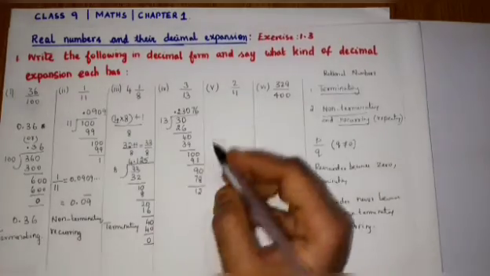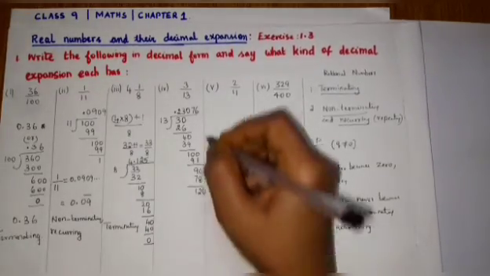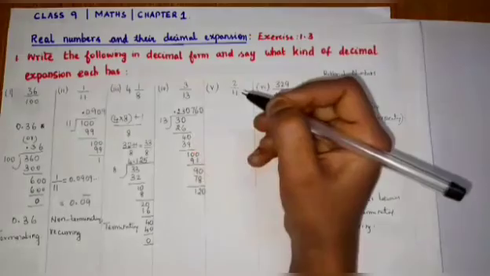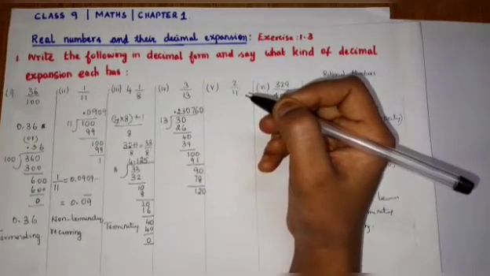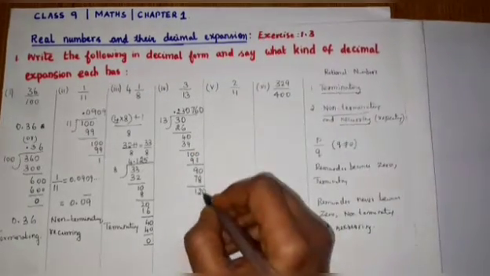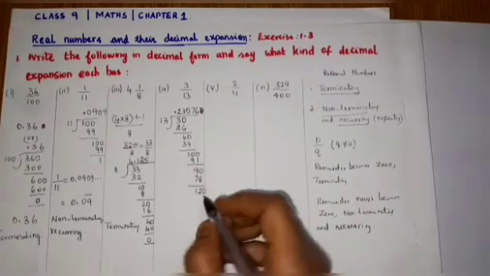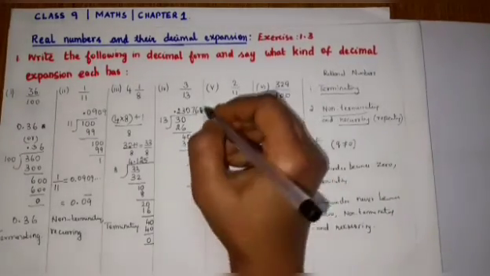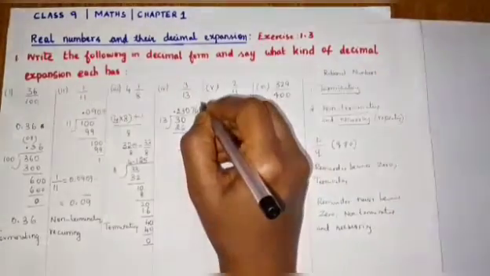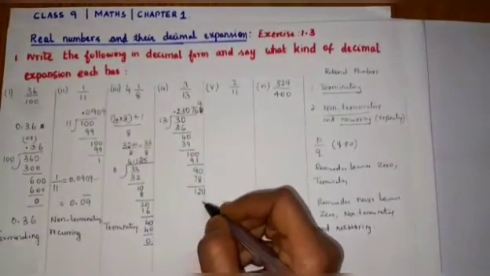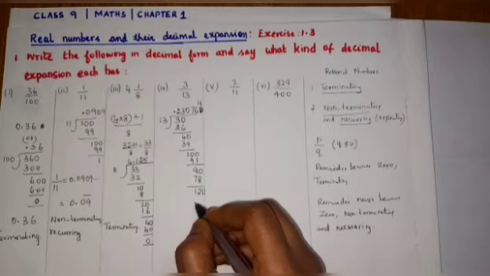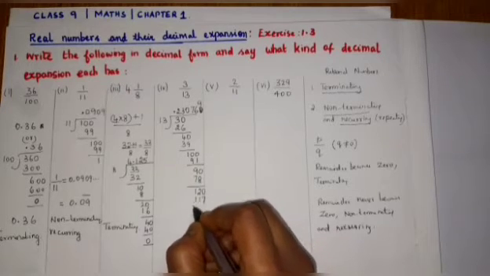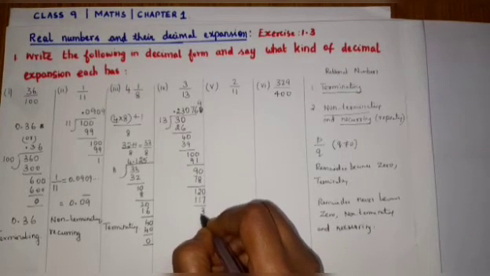12 is less than 13, so add a 0. So 120. 120 is 9 times 13, 117. If you subtract, you will get 3.